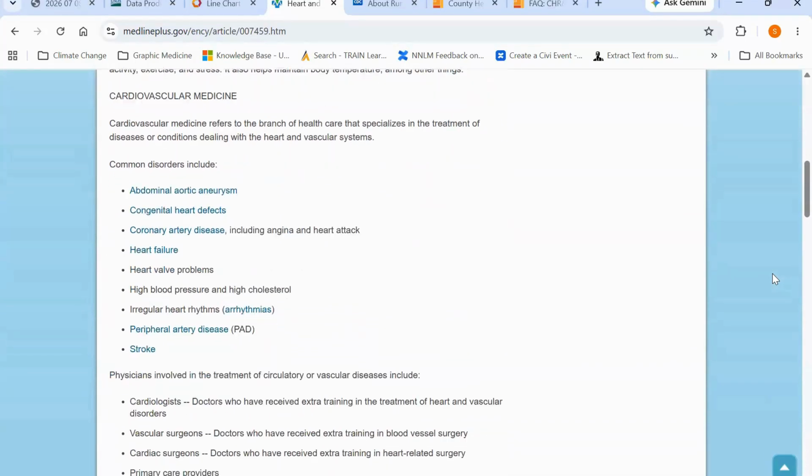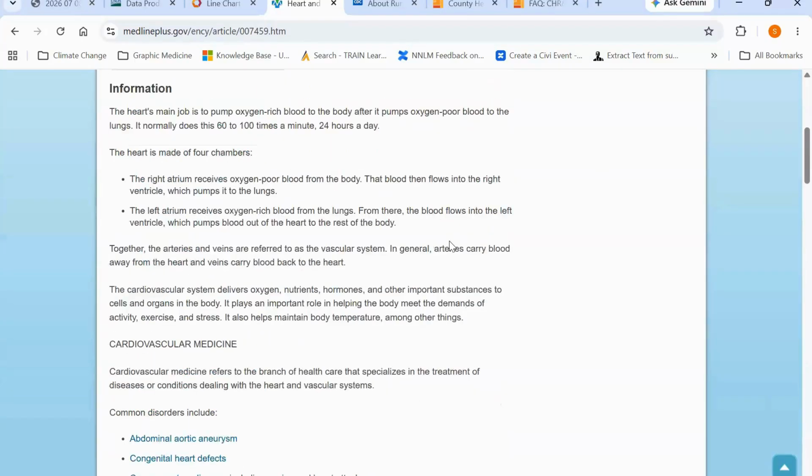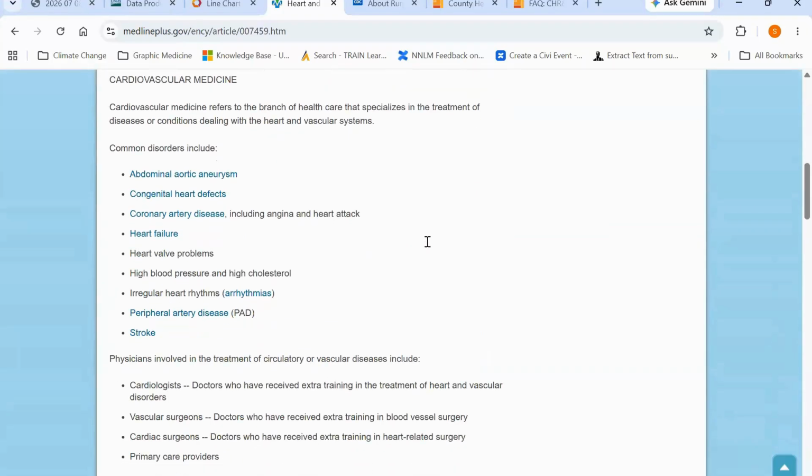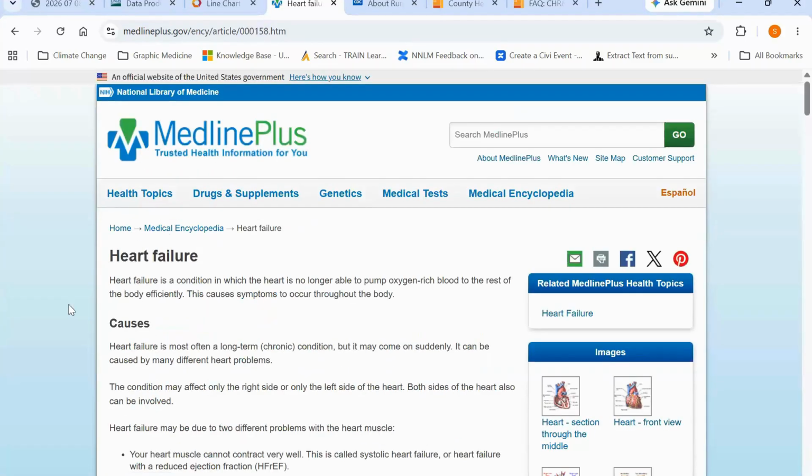And then again, it continues to link to more and more information within that to help people understand related information, to understand a term that they might not otherwise know. So in this case, I clicked into the heart and vascular services, and if people are seeing some of the related terms, and they want to learn more about heart failure, they can click on that and it'll take them to the medical encyclopedia page for that topic.